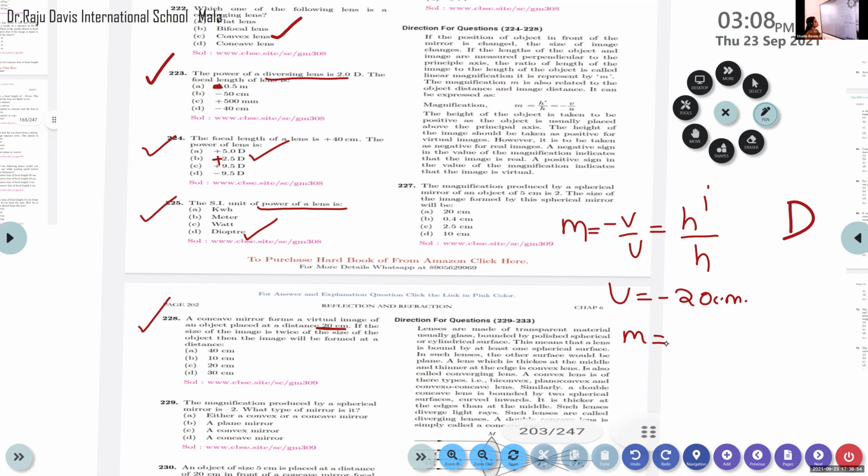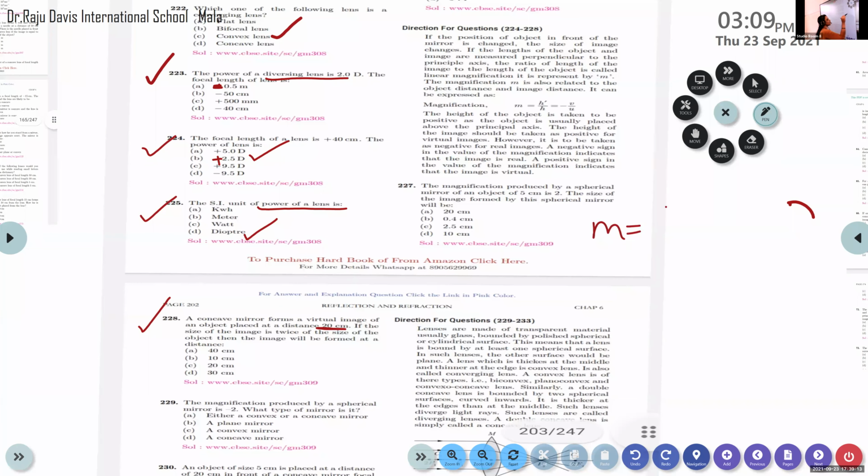Magnification produced by the object is twice the size of the object. What about the answer? So here we made some kind of mistake. M is equal to H dash by H. Here this 20 centimeter is given.